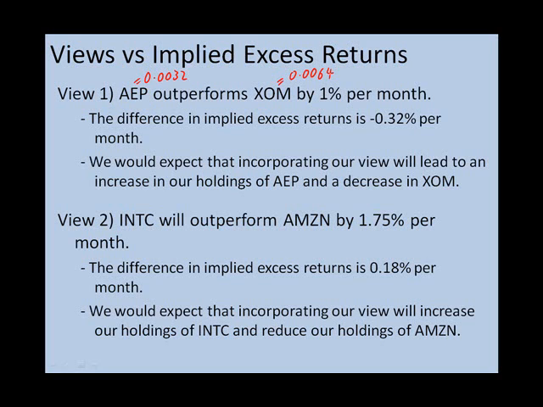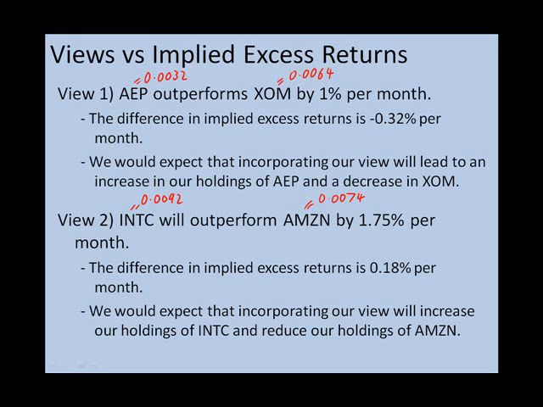What about the second view, that Intel is going to outperform Amazon by 1.75% per month? The implied equilibrium excess returns for Intel are 0.9% per month, while for Amazon we have implied equilibrium excess returns of 0.7% per month. In other words, Intel is expected to outperform Amazon.